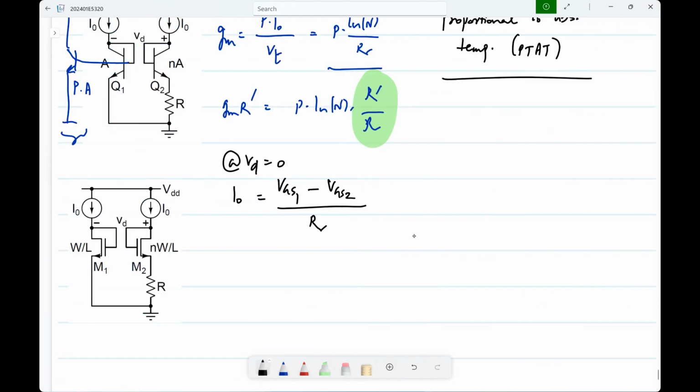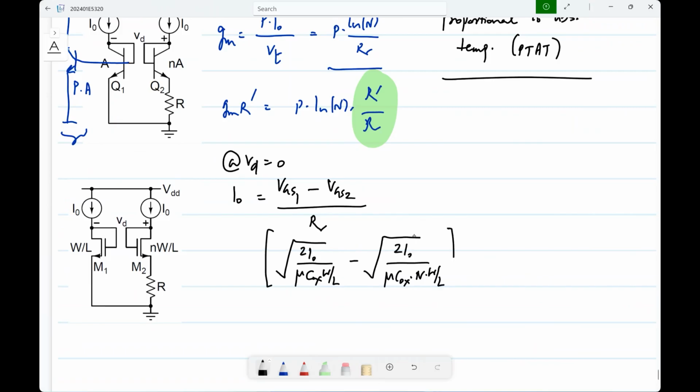And VGS1 itself is, what is it? Square root 2 I naught by mu Cox W by L. VGS2 is square root 2 I naught by mu Cox N times W by L, times 1 by R. So if you solve this, what do you get?